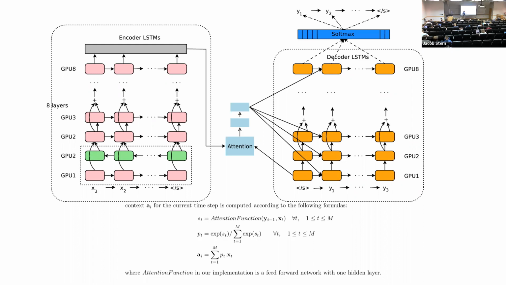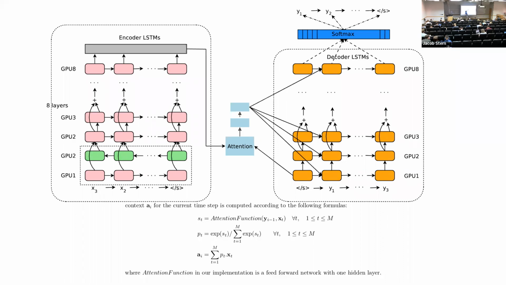Then we will get s_t for each of our hidden states, which are attention weights, and then we apply this softmax function to turn them into probabilities. So they're now all positive and they all sum to 1. Then we let a_i, the context vector for the current ith token to decode, be a weighted sum of these hidden states based on these probability weights from our attention function.